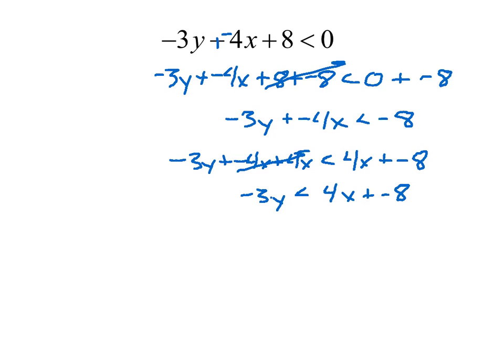So that leaves me with one last inverse operation that I need to do to get y alone. Geronimo, what's that inverse operation we need to do? Divide by a negative 3. This side cancels out, giving us the y.